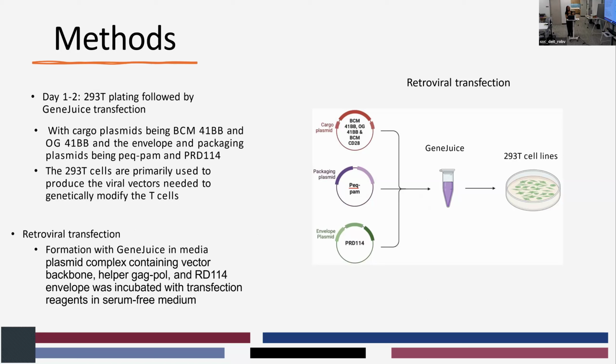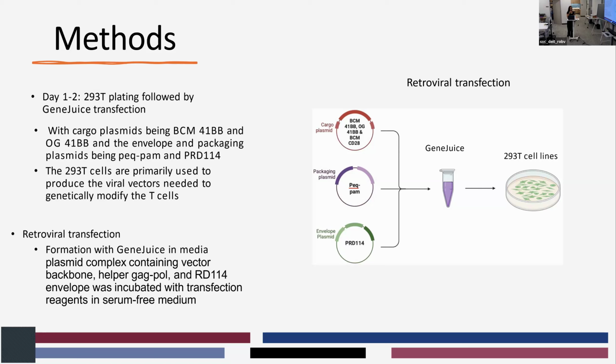and then the envelope plasmid. So the cargo plasmid's objective is engineered to carry the specific gene of interest to the T cell. And then the packaging plasmid PECTAM is used to provide the proteins necessary to assemble the viral vectors.